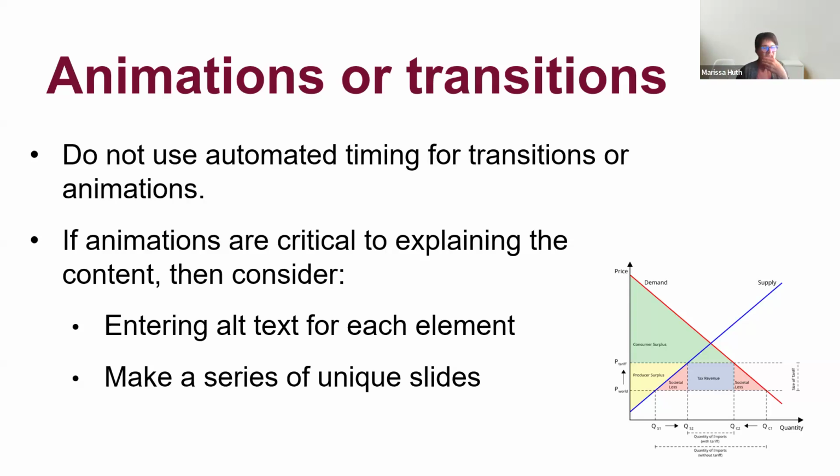My recommendation is you can either group specific elements together, like I said before, and add alt text to each group, or you can just take a screenshot of the illustration in its various states and make a fresh slide with a different screenshot on each slide. And that might be the easiest way to do it, or the clearest way to do it. You could try either way and see which way works better for you.